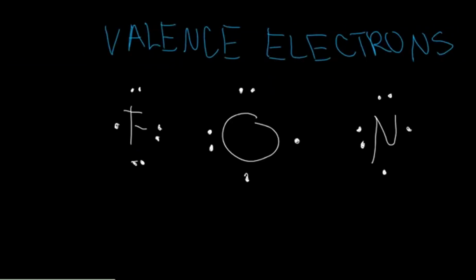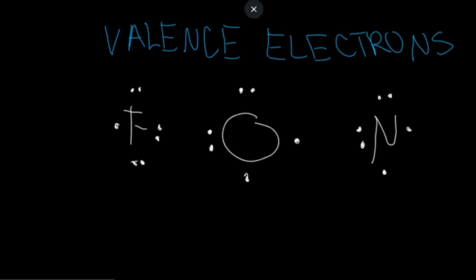In order to understand this, you have to understand what an individual atom looks like with its valence electrons. Each atom has valence electrons. I explained what valence electrons were beforehand. Fluorine has 7 valence electrons: 1, 2, 3, 4, 5, 6, 7. Oxygen has 6, and nitrogen has 5.